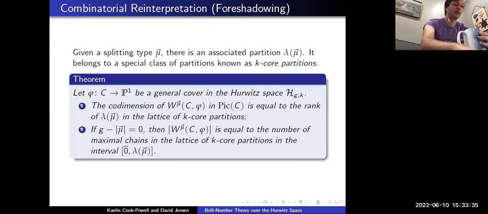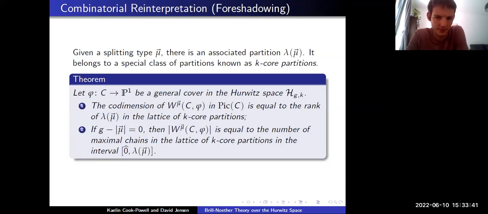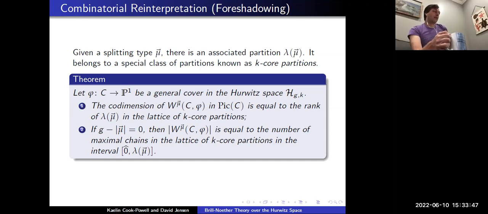Are there also a bijection with some tableaux that you can write down here, or does it not exist? Yeah, exactly. So if you have a chain in this lattice of partitions, then you can produce from that a tableau by writing the number k in all of the boxes that appear in the kth partition in the chain that don't appear in the (k minus 1)st partition in the chain.